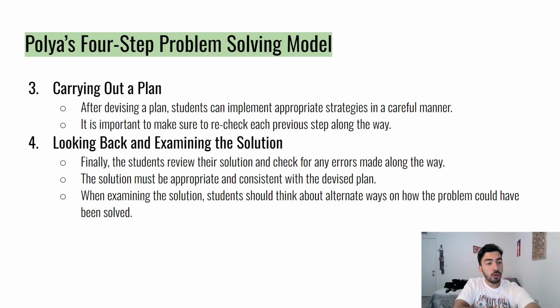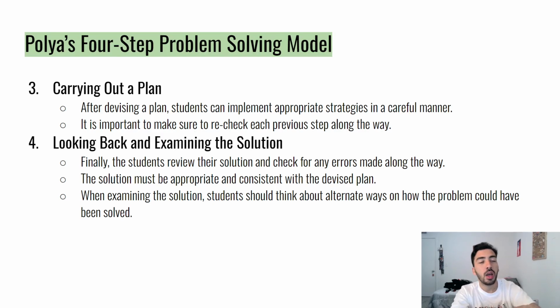And finally, the fourth step would be looking back and examining the solution. In this step, the students review their solution and check for any errors made along the way. The solution should be appropriate and consistent with the devised plan. And then when examining the solution, students should think about alternate ways the problem could have been solved.